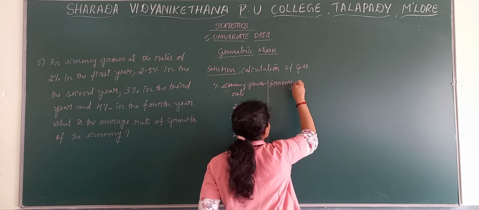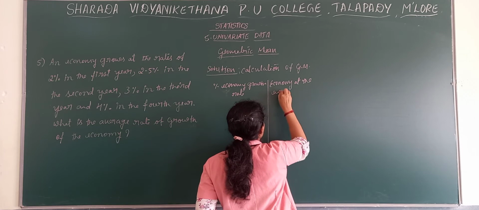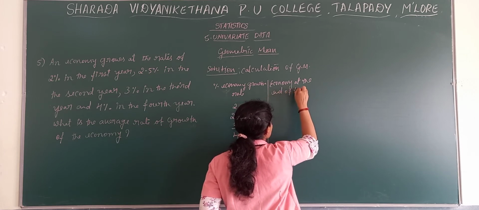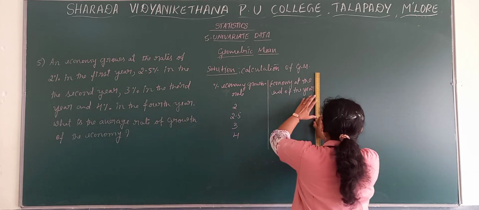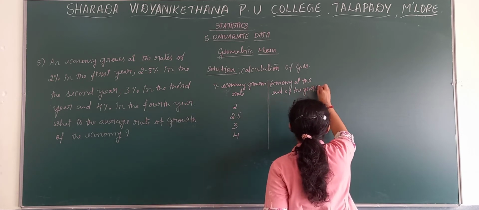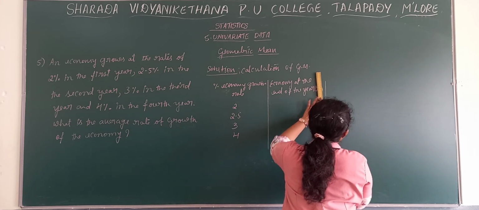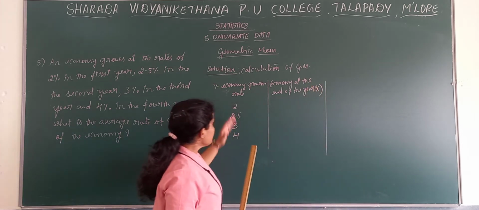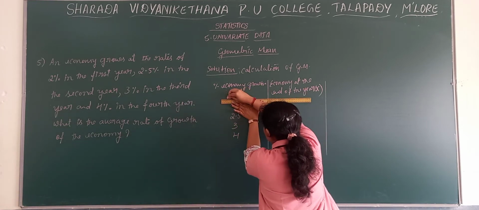Economy at the end of the year. Firstly, we need to write this. We take it as X. Now, we have seen the growth rate. Firstly, percentage growth rate.